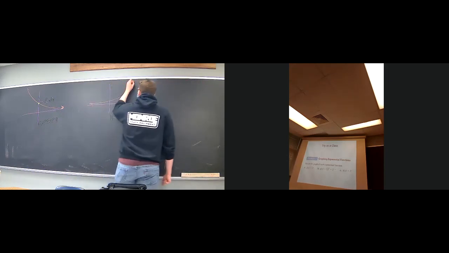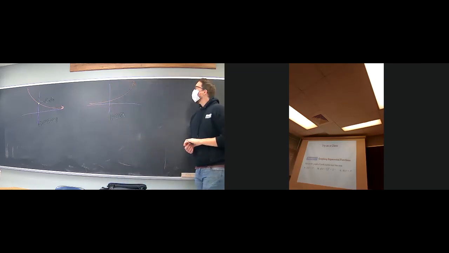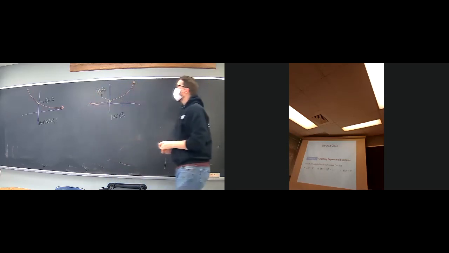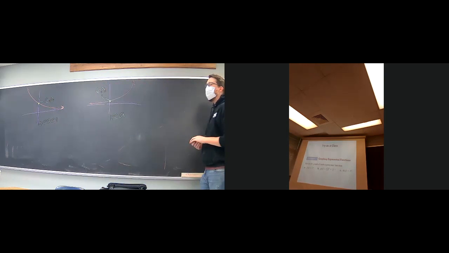And then in the case when a is greater than 1, we have exponential growth, which is basically the same graph, just flipped, reflected across the y-axis. In both cases, however, for simple exponential functions, we're going to pass through the point 0, 1. And that's because anything raised to the 0th power is 1.